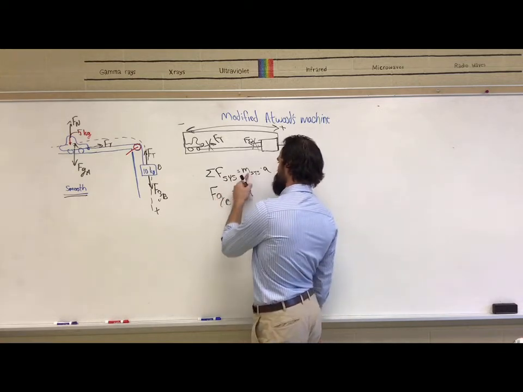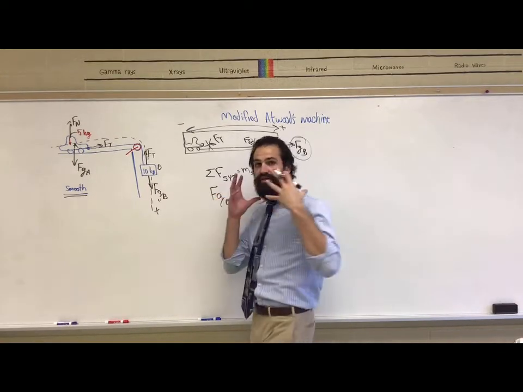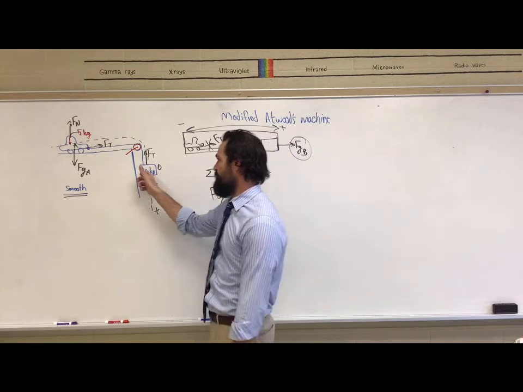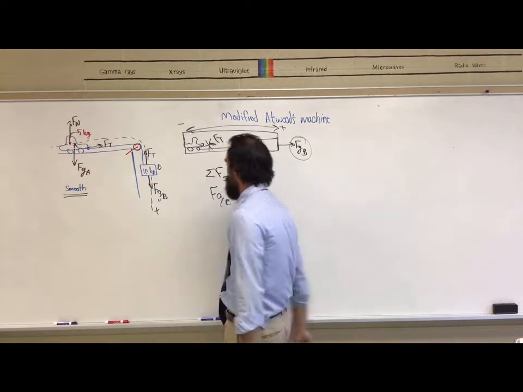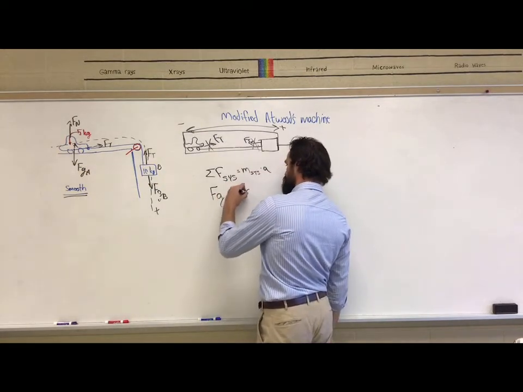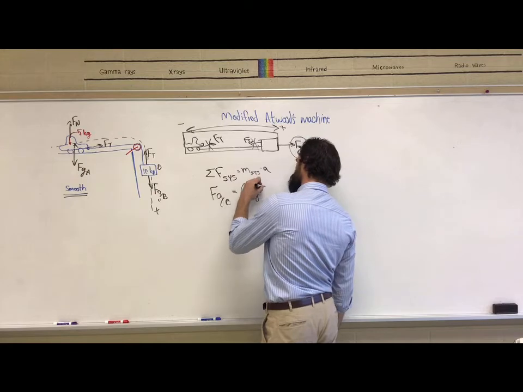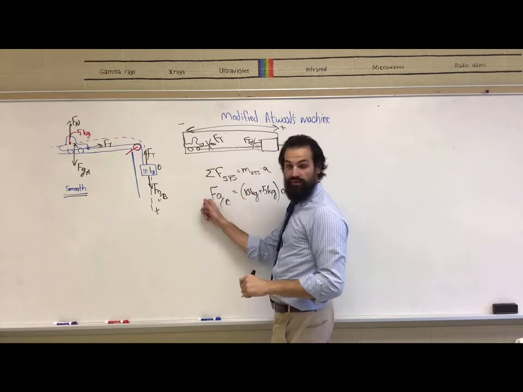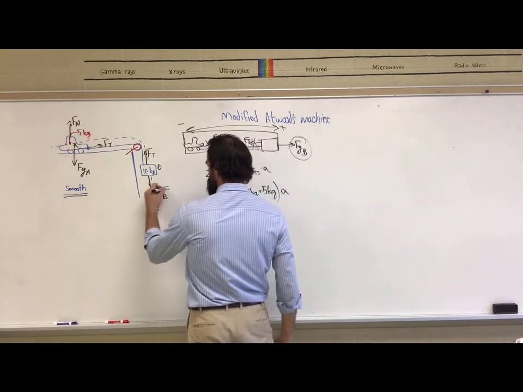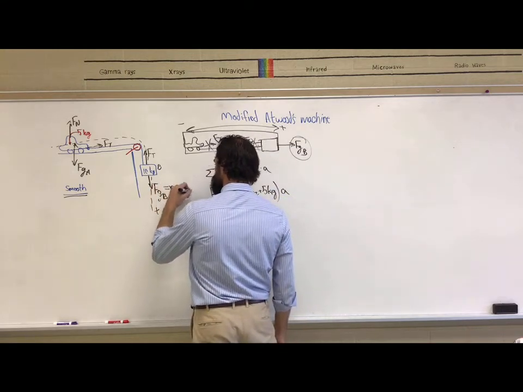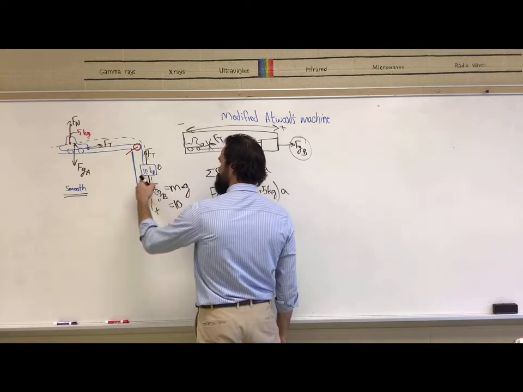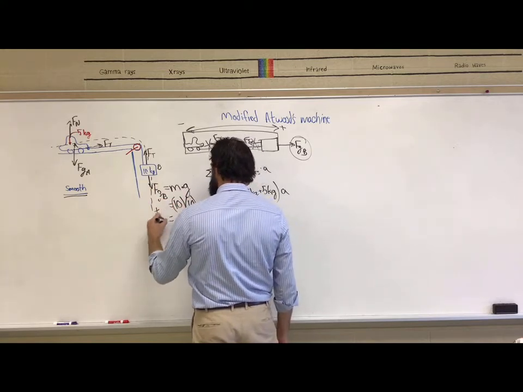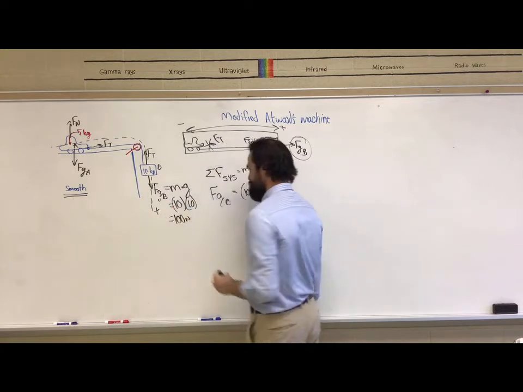And that's equal to the mass of the system, which would be the entire mass of everything connected by the string. So that would be the 10 kilogram block plus the 5 kilogram block. So the mass of the system is 10 kilograms plus 5 kilograms, times acceleration. And remember, the weight of object B is equal to mass times gravity. So that's equal to the mass of this object, 10, times gravity, which is 10, and you're going to get 100 newtons.